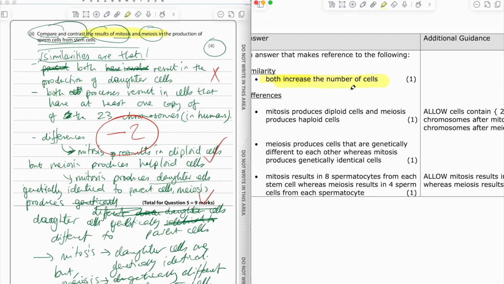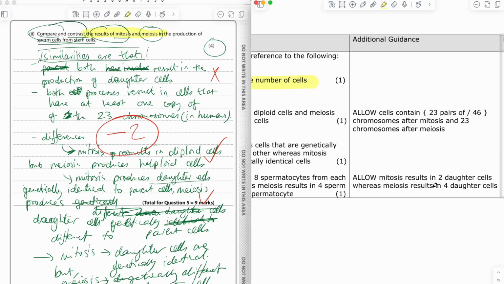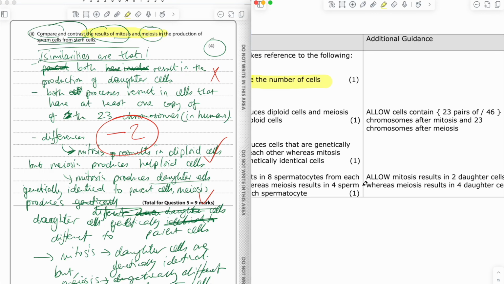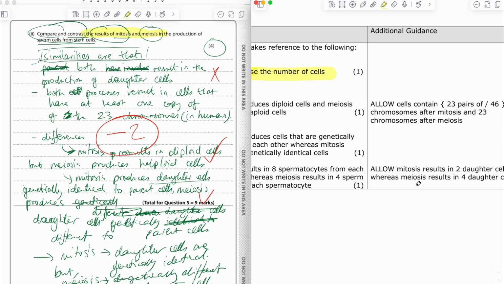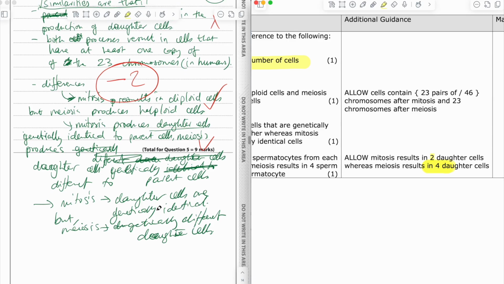So both increase the number of cells, but to different numbers. I should have at least thought of the 2 and the 4 cells, because mitosis is 1 division and results in 2 cells. Meiosis is technically 2 nuclear divisions, or 2 cell divisions, and so it produces 4 cells. I really should have thought of that.